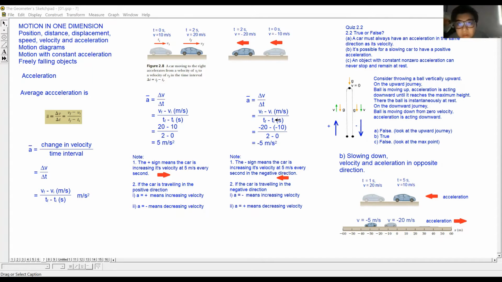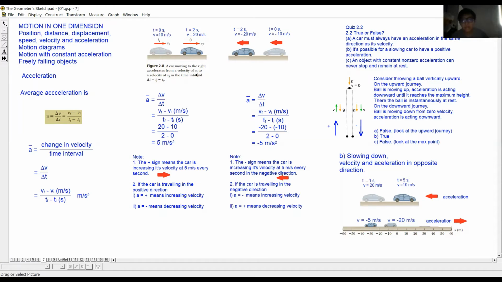Now we are going to look at a real example. We look at figure 2.8. Figure 2.8 shows a car moving to the right, accelerating from a velocity of vi, the initial velocity, to a velocity of vf, and the time taken is tf minus ti.